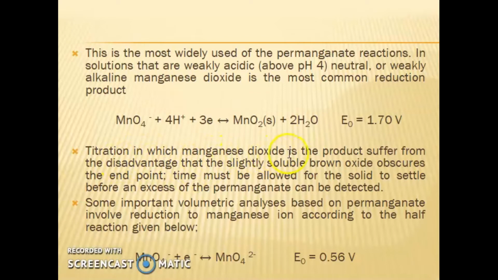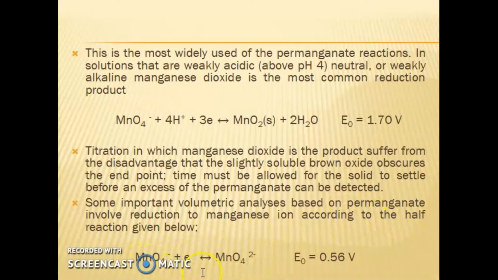Titrations in which manganese dioxide is the product suffer from the disadvantage that the slightly soluble brown oxide obscures the endpoint. Time must be allowed for the solid to settle before an excess of permanganate can be detected. Some important volumetric analyses based on permanganate involve reduction to the manganate ion according to the half reaction as given.